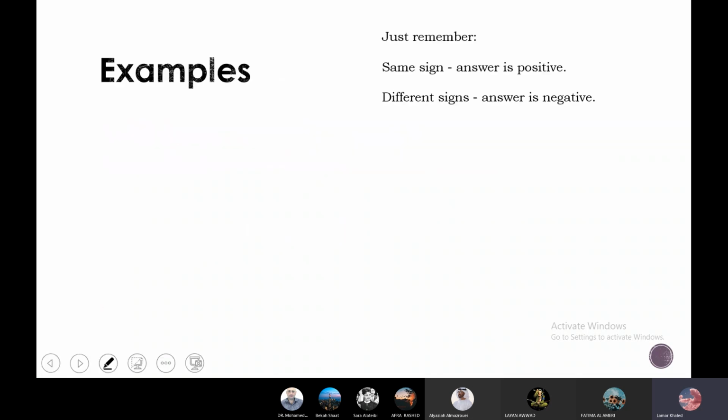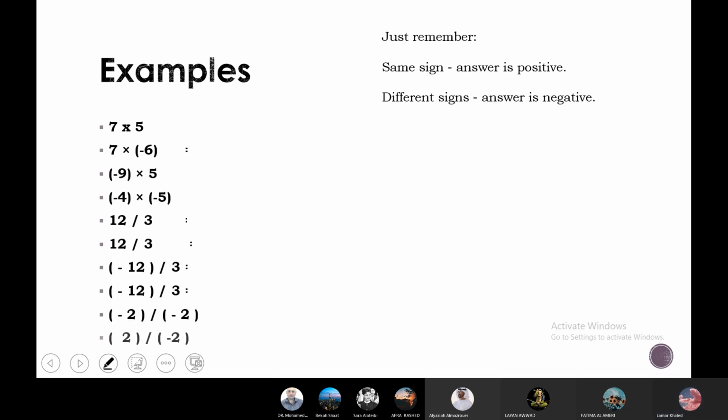So let's solve some questions. Okay, so 7 times 5. What's the answer? The signs are both positive, so 35. How about 7 times minus 6? For an easy and quick way, forget the signs and only use the two numbers.